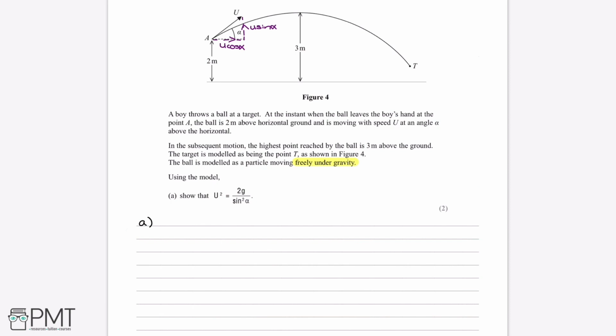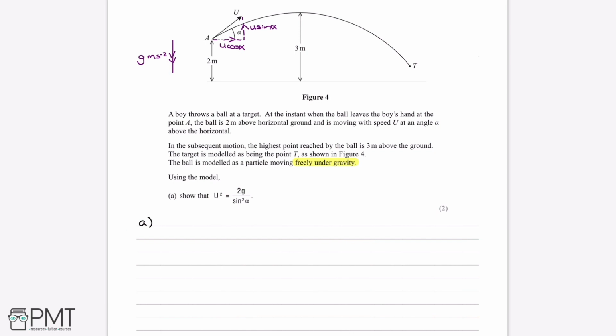This is the only acceleration that acts on the ball. We know it acts downwards just because gravity acts downwards, so we have this downwards acceleration of g meters per second squared. This is all the information that we can currently mark on the diagram that we haven't already been given.